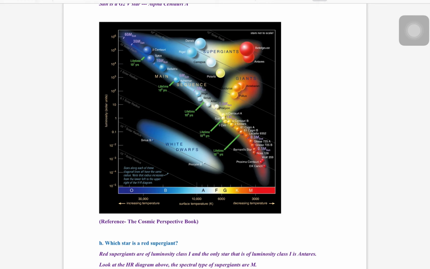So the stars on the main sequence, the stars with the highest luminosity, have more mass. Again, because luminosity means it is emitting more energy. I'm only talking about the main sequence stars for now. Luminosity means radiating more energy.